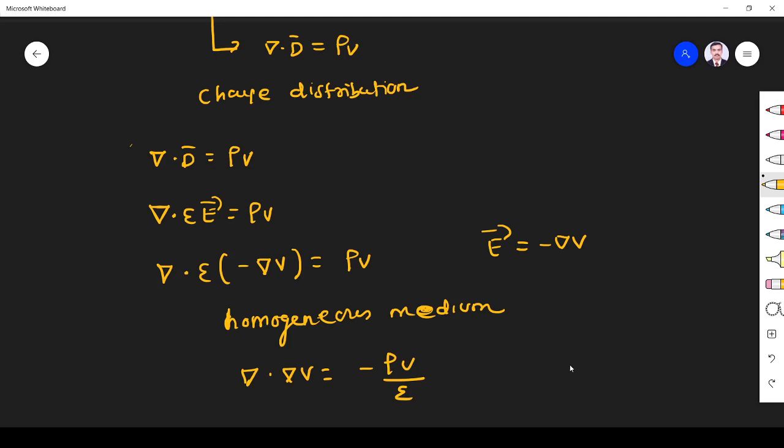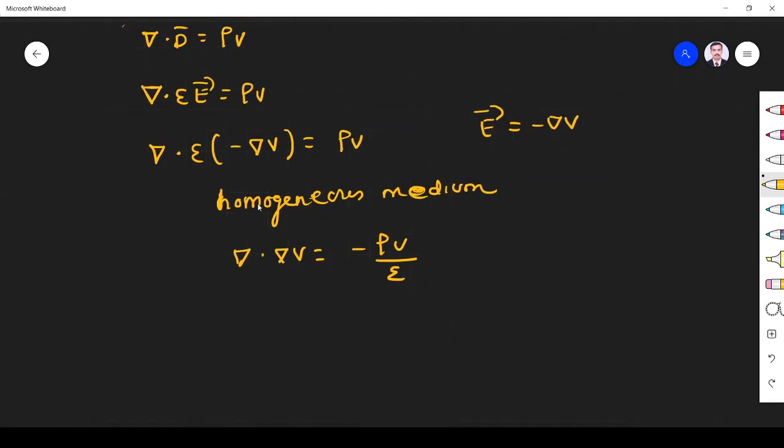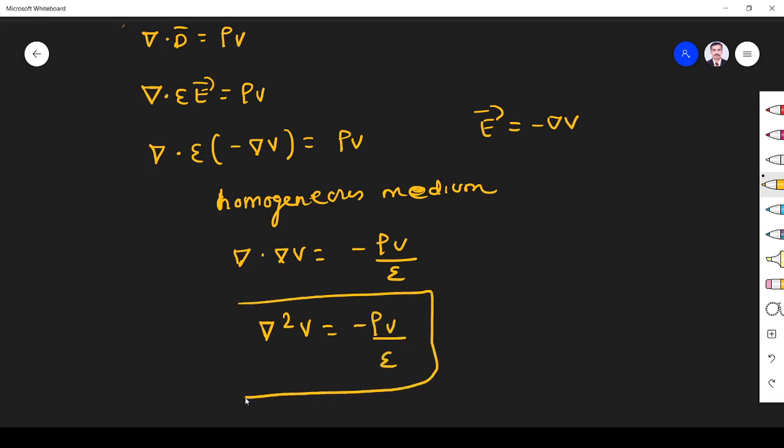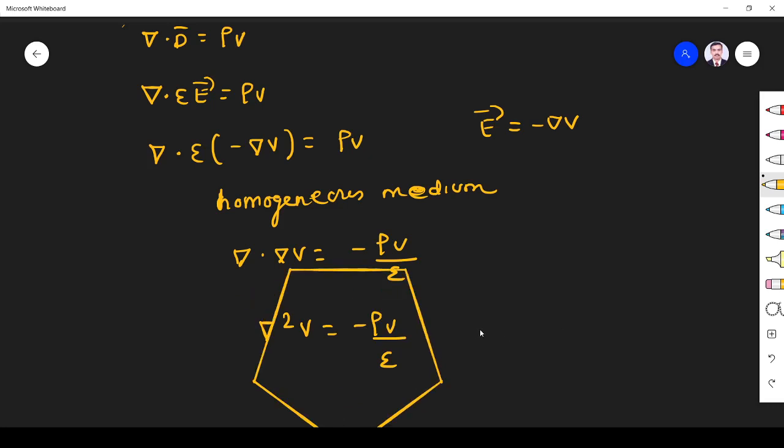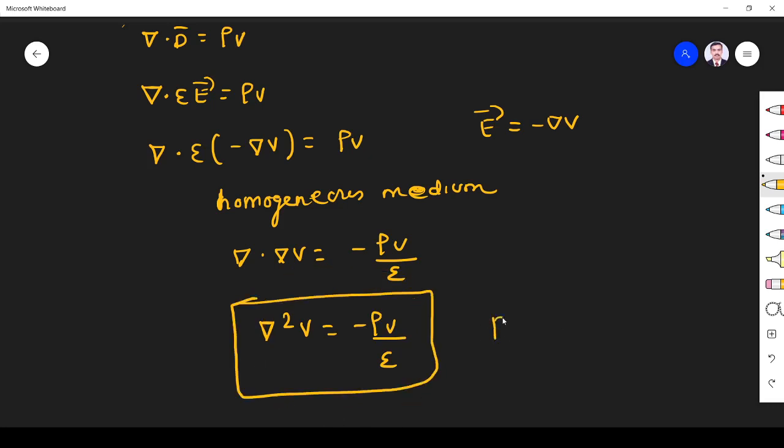That means if the medium is homogeneous, epsilon is uniform everywhere, so we can take it as a constant and take it outside. That's the condition. So del dot del V is equal to minus rho V by epsilon, that is, del squared V is equal to minus rho V by epsilon. Right? So this is Poisson's equation.